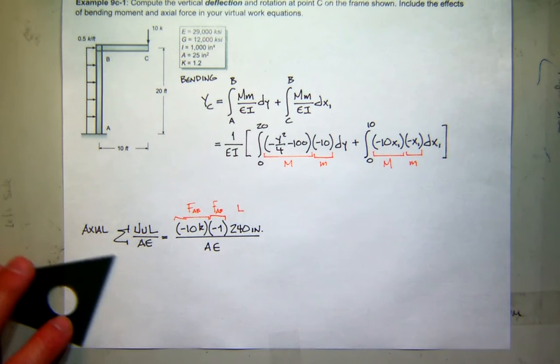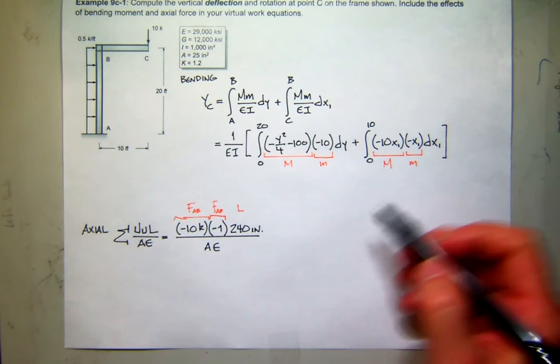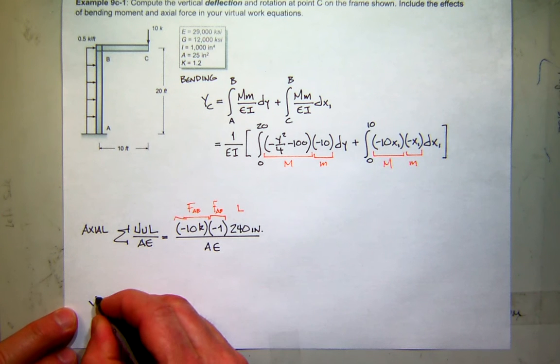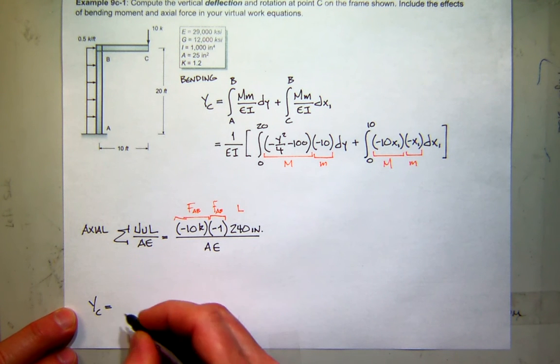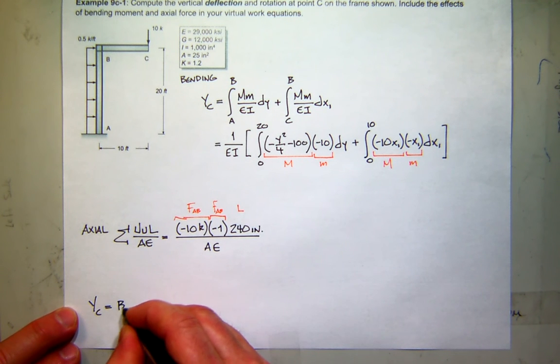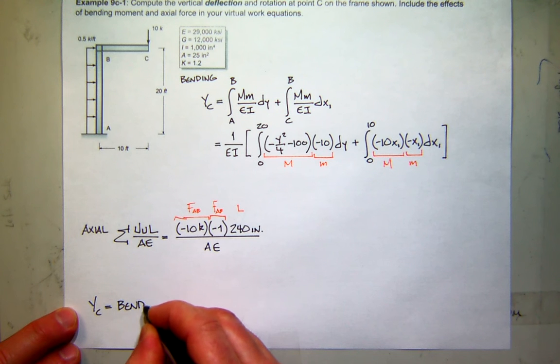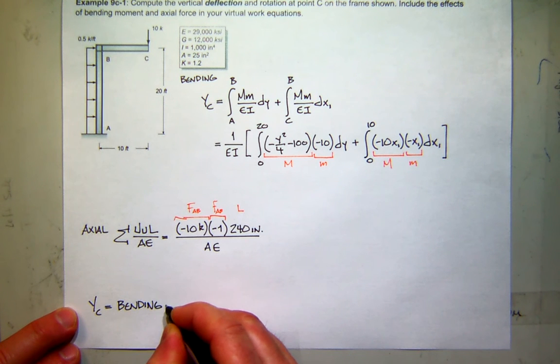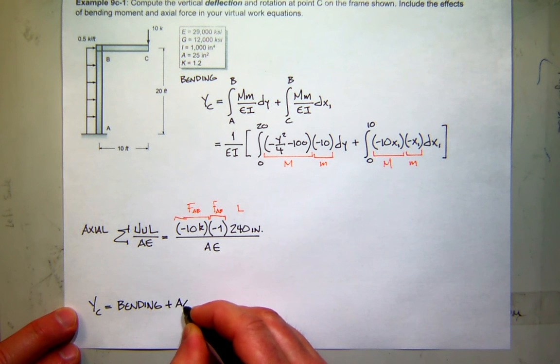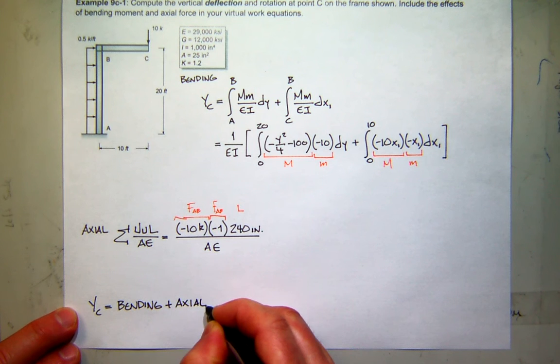And then both of those will be divided by EI. When I get the numerical values, then the total displacement at C would be the bending component, and then we'll add to it the axial component.